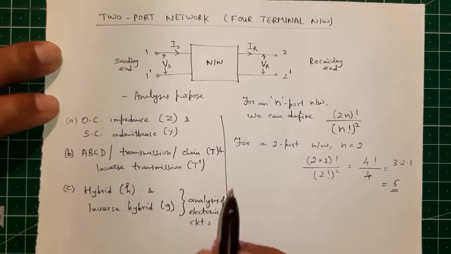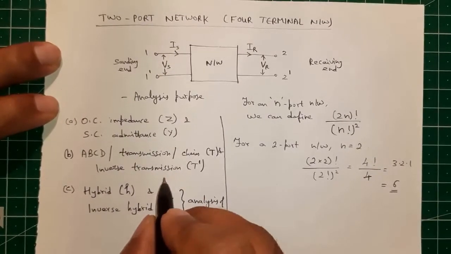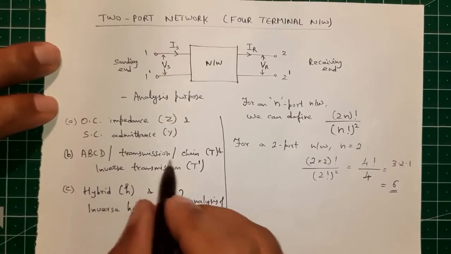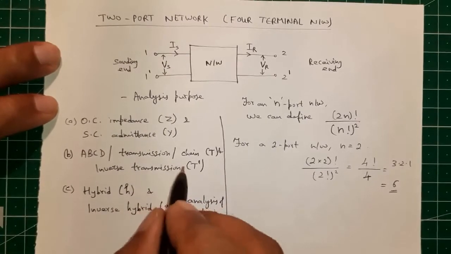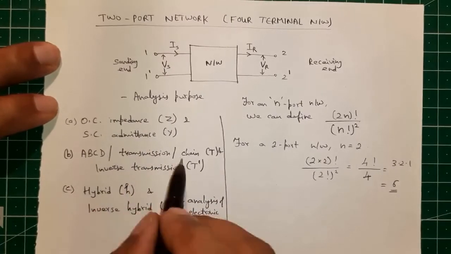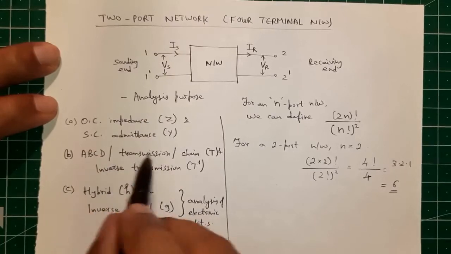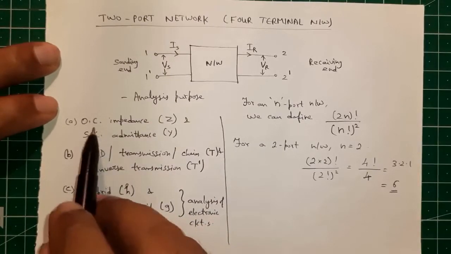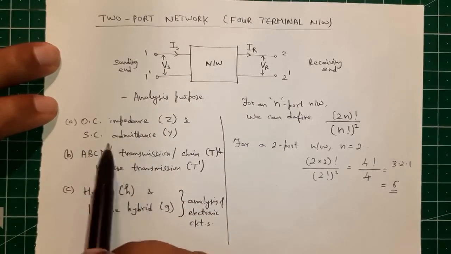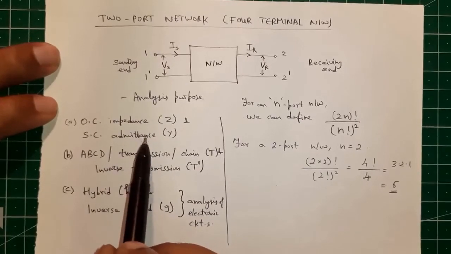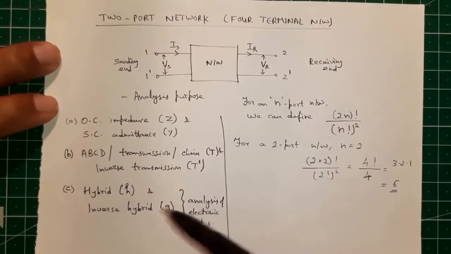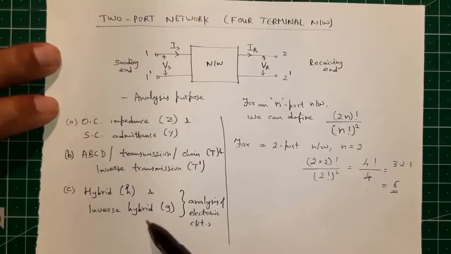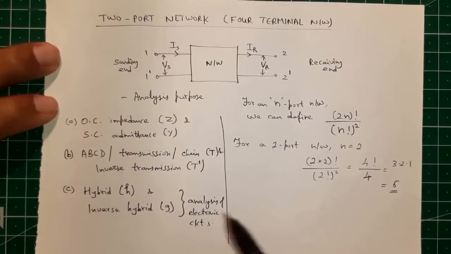These ABCD parameters are actually used for analysis of transmission lines and networks. So this course will be focusing more on these ABCD parameters as well as the OC and SC parameters, Z parameter and Y parameter.